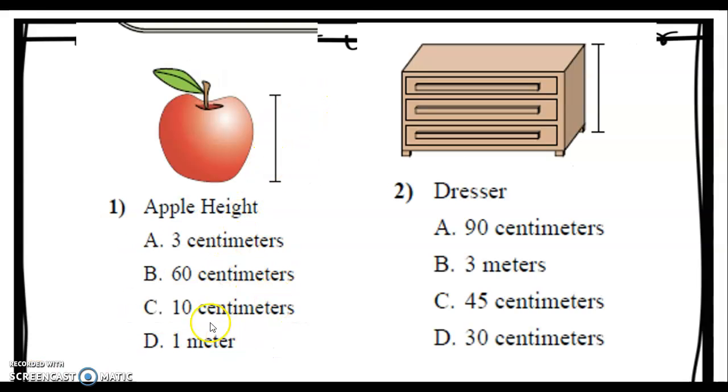The apple height, we should have said it was about 3 centimeters tall. A dresser is about 90 centimeters tall. Remember, it's almost the height from the floor to a doorknob.